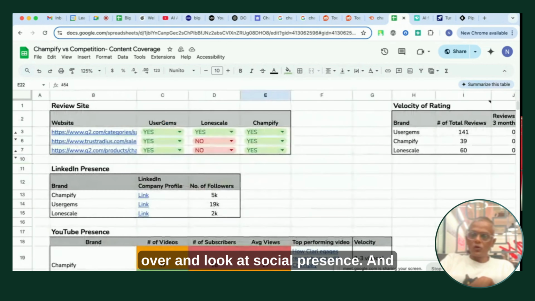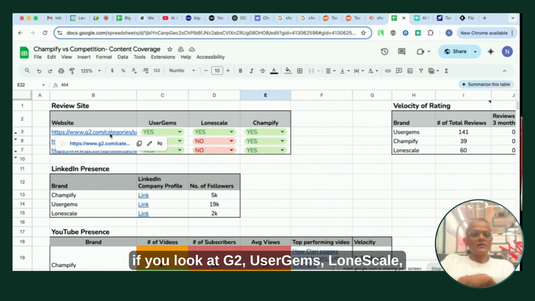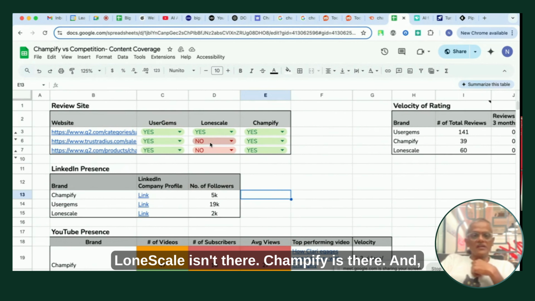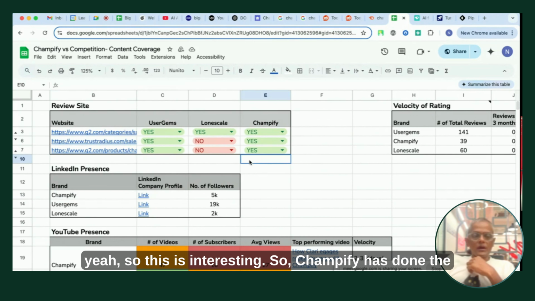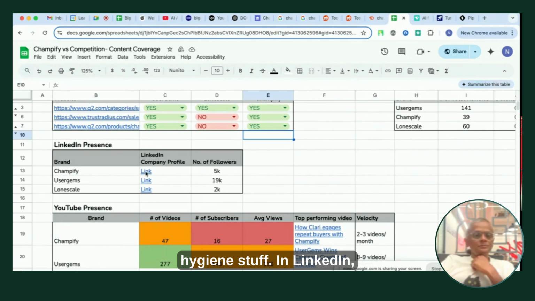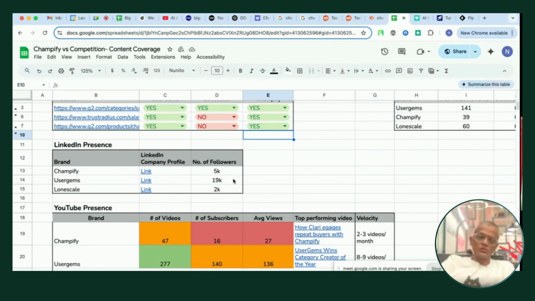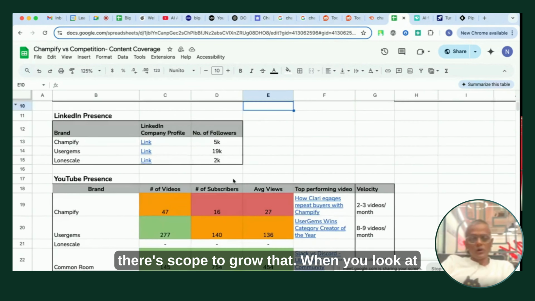So we head over and look at social presence. And if you look at G2, User Gems, Loan Scale, and Champify are present. In Trust Radius, Loan Scale is in there, Champify is there. So this is interesting. Champify has done the hygiene stuff. In LinkedIn, Champify's follower group is much smaller than User Gems. Obviously, there's scope to grow that.